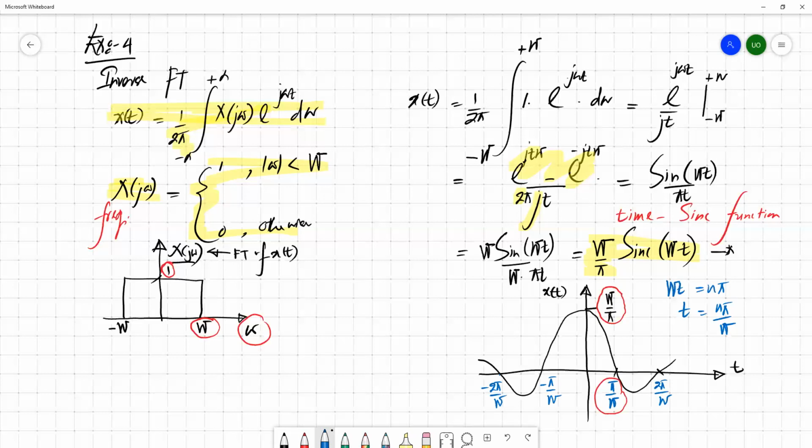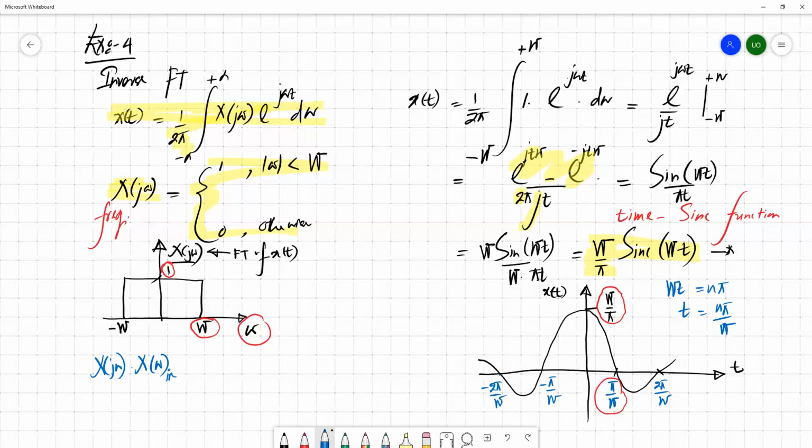So if you multiply this input signal, which is in the frequency domain, with this filter, let's think about X(j omega) times X(omega), this is your input.